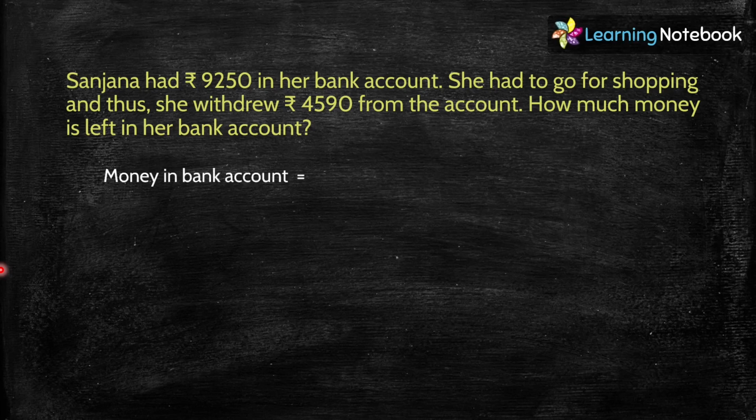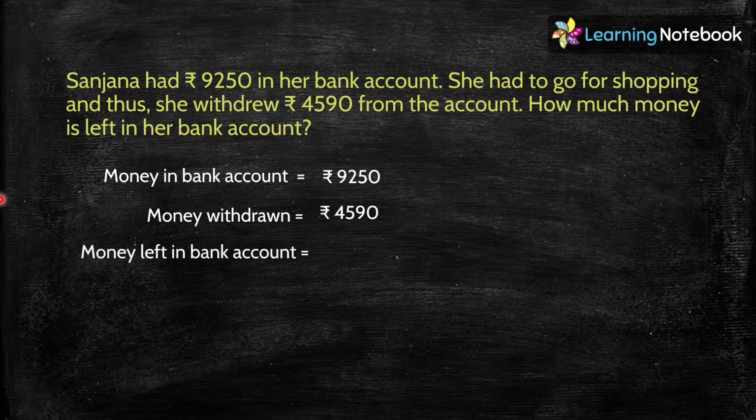Money in the bank account of Sanjana equals rupees 9250, and money withdrawn from the account equals 4590. Now to find the money left in the bank account, we will subtract these two numbers. So let's do it.